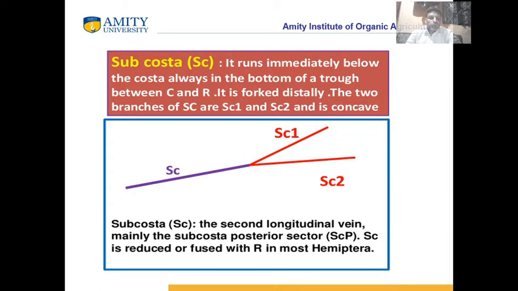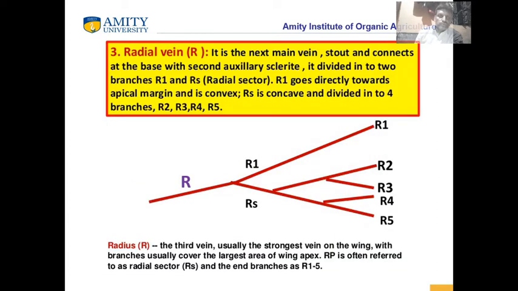The veins following below the costa are called subcosta, and they are the veins between C and R, between costa and radius. Subcosta veins are branched and they are named as subcosta 1 and subcosta 2.